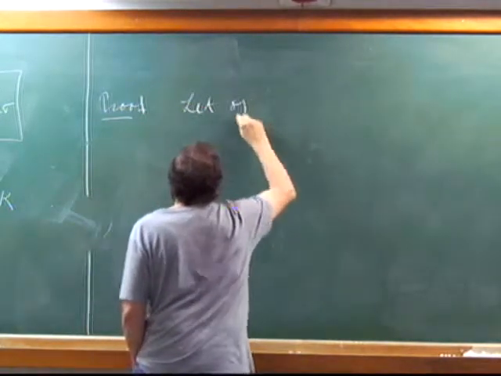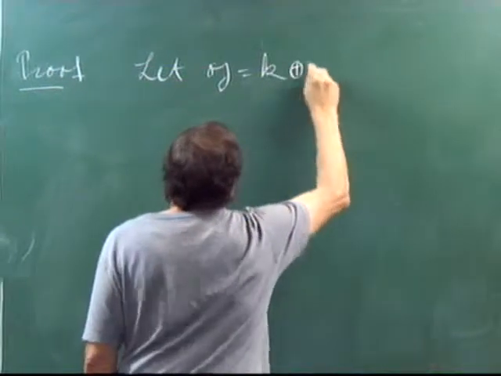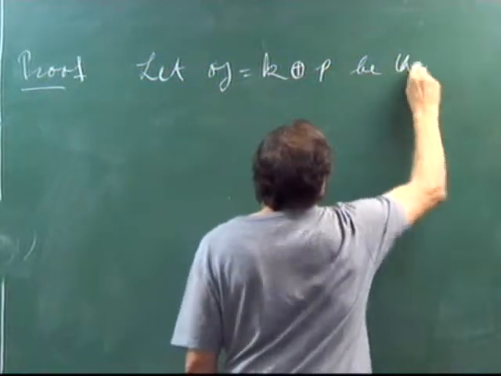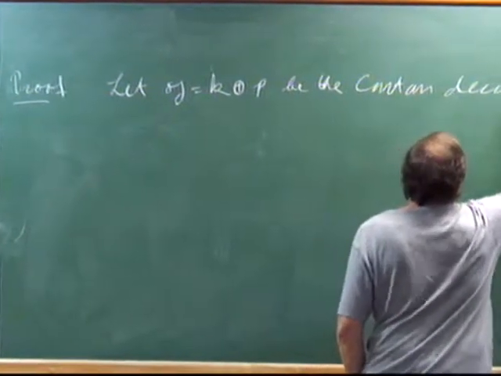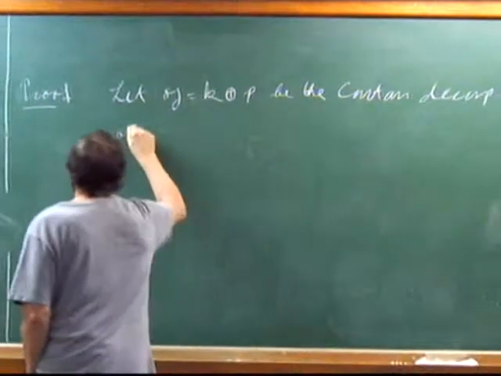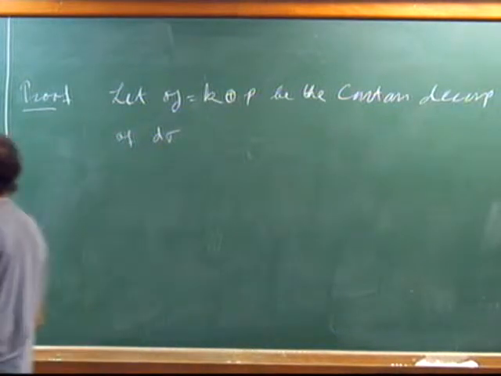So let g equal k plus p be the Cartan decomposition, the plus and minus 1 eigenspaces of d sigma.